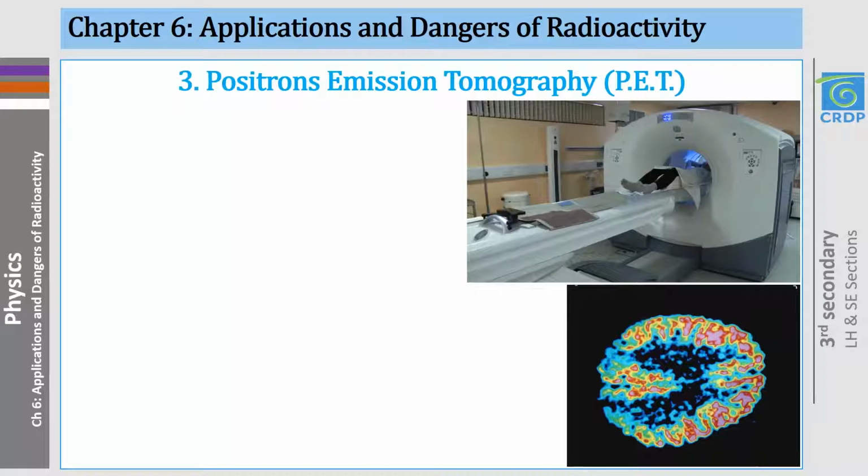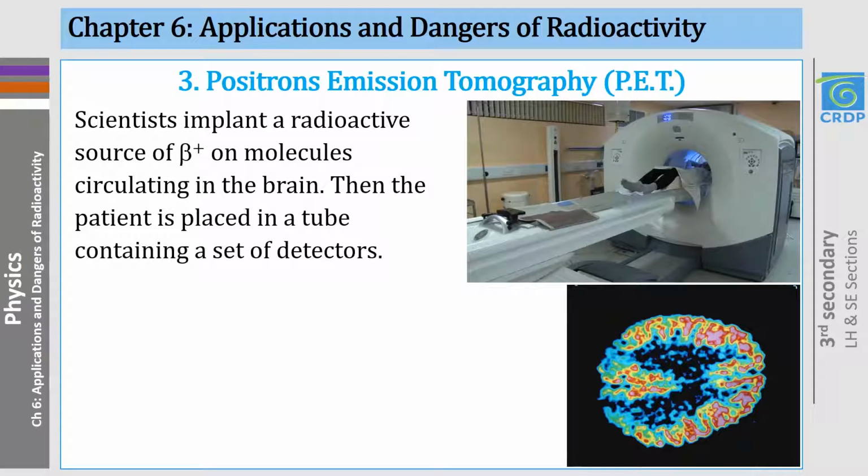Let's pass to a third method called PET, positron emission tomography. Scientists implant a radioactive source of beta plus on molecules circulating in the brain. Then the patient is placed in a tube containing a set of detectors.